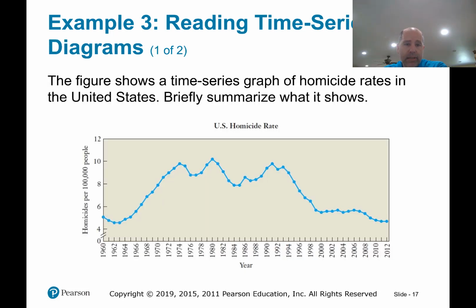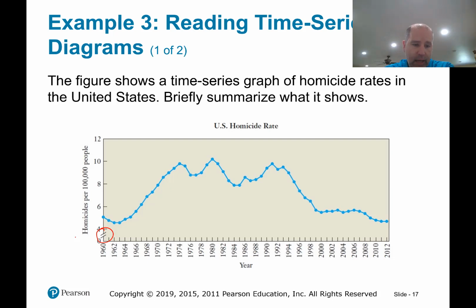All right, so here's a time series graph. Here are homicide rates over time. By the way, just incidentally, notice that they put this break in the graph. We'll talk about that later. But we've got homicides per 100,000 people over time by year. So we can see lots of interesting things going on.